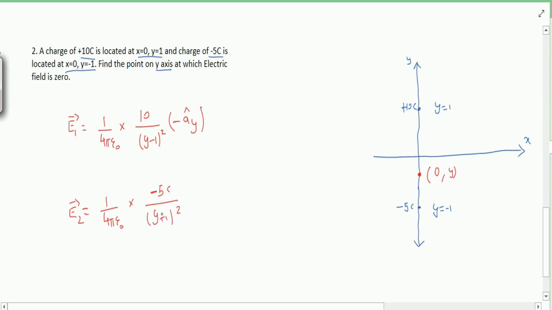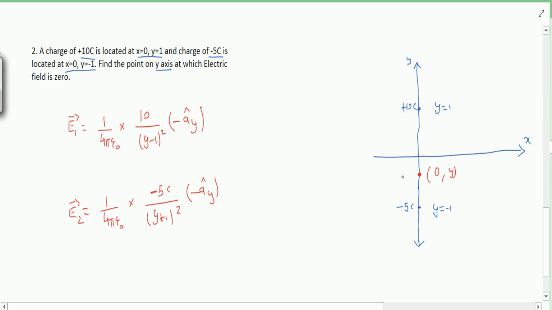And the direction of this electric field will be downward, so it will also be minus ay cap.